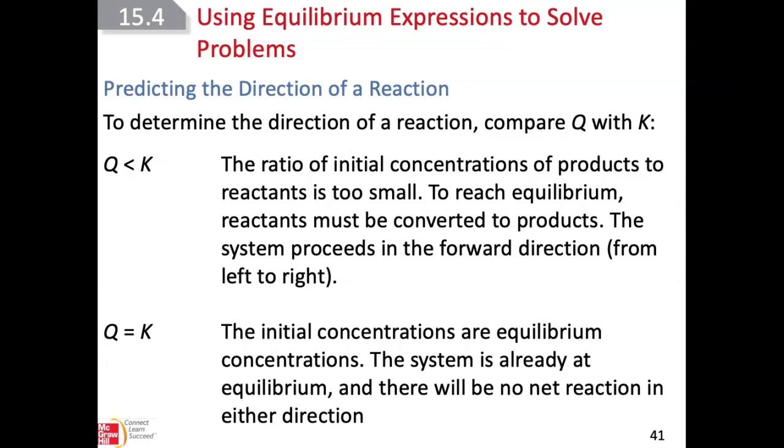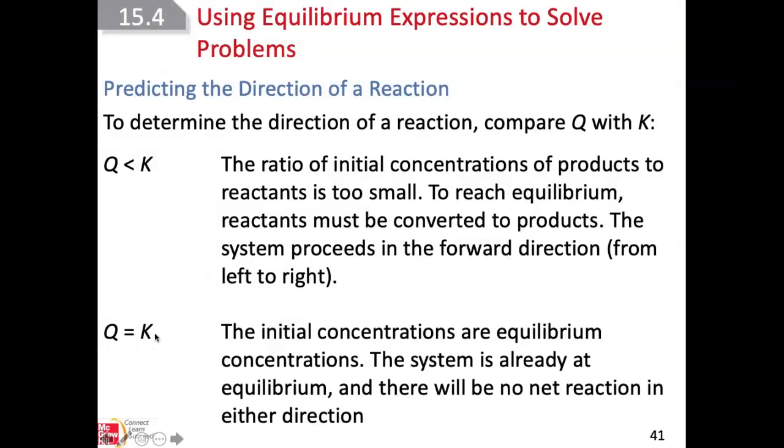So when Q is less than K, and don't forget, Q is just the ratio of the concentration of the product over the reactant, then the ratio of the concentrations of the products to the reactants is too small. So first of all, the reaction is not at equilibrium, and to reach the equilibrium, reactants must be converted to form products. That means the system has to proceed in the forward direction, from left to right, to make more product.